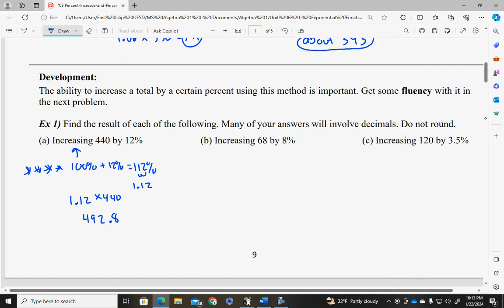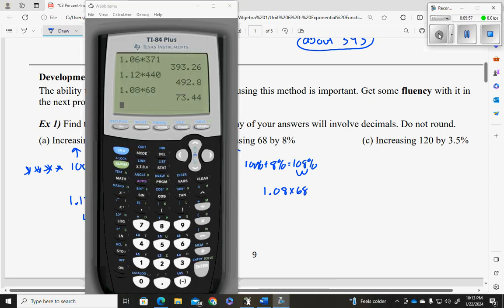Letter B, it's an increase of 8%. So 100% plus 8% equals 108%. Move the decimal, 1.08 times 68, and use your calculator. I get 73.44.